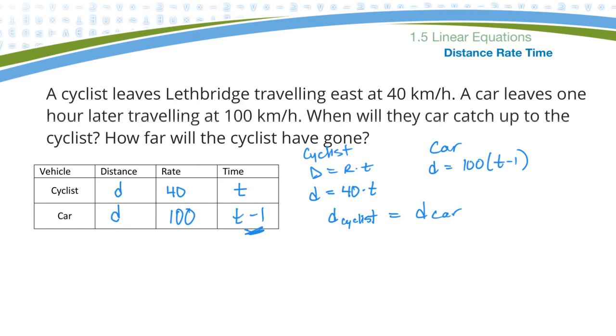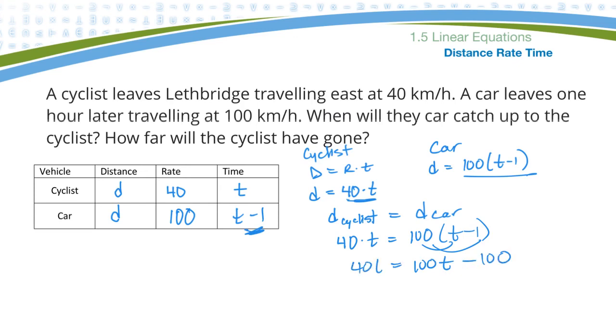So it follows that the distance the cyclist went is this. So 40 times t is equal to this, 100 times t minus 1. Okay, distributive property here. So 100t minus 100 is equal to 40t.